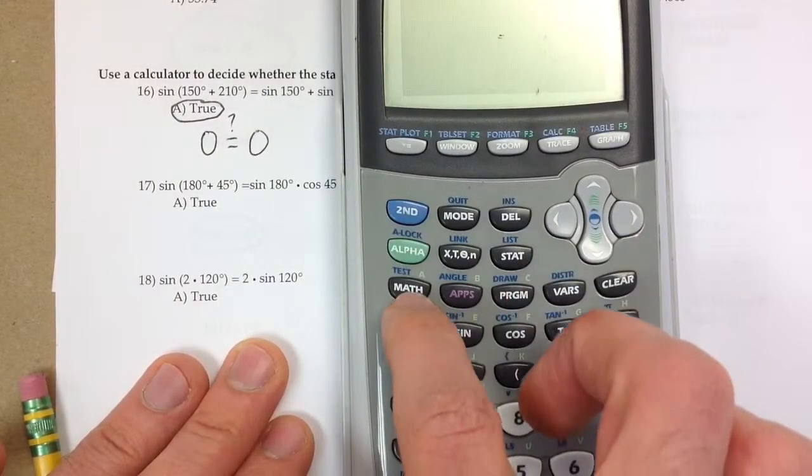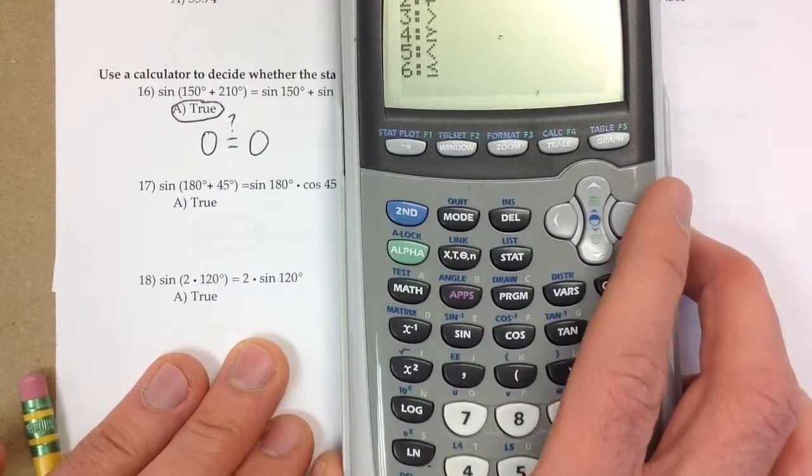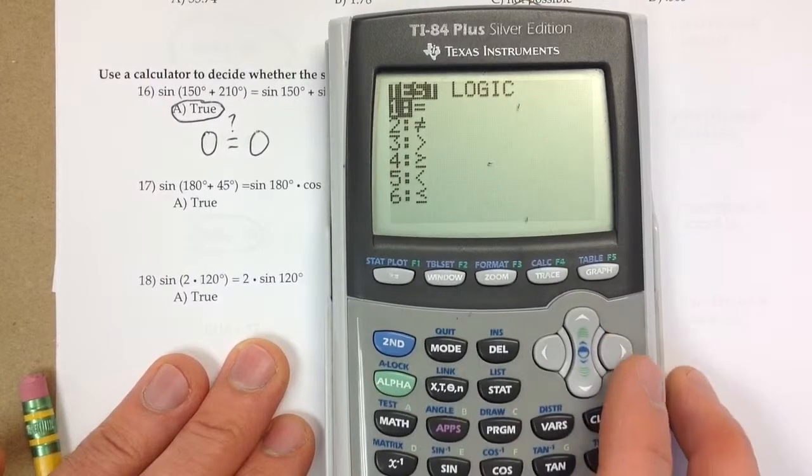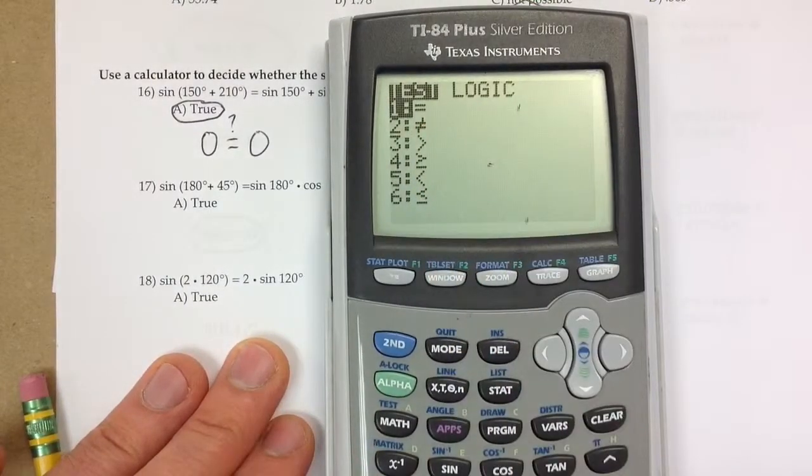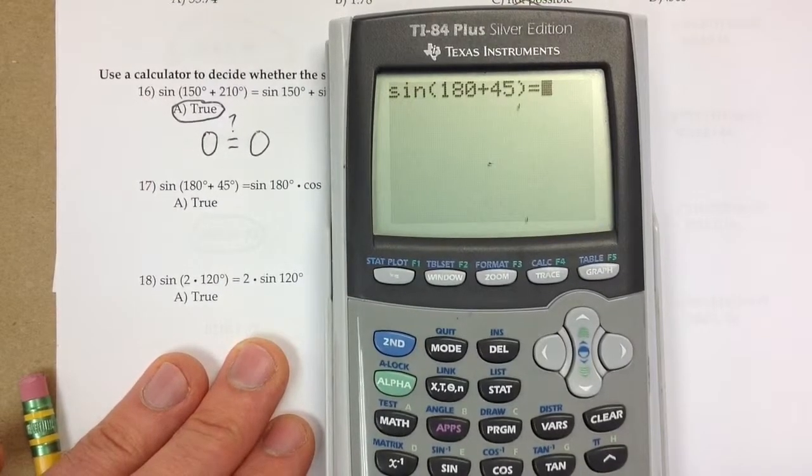No, it does not give you a test. It's used to test things. Second, math. And notice we have an equal sign there. Let's insert that. And now let's type the rest, although we do have to use parentheses.